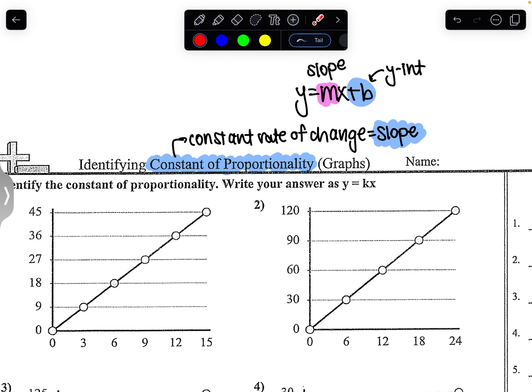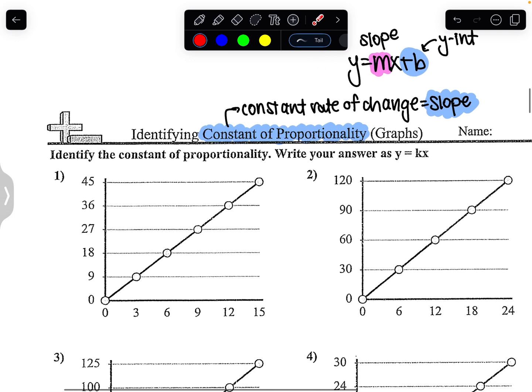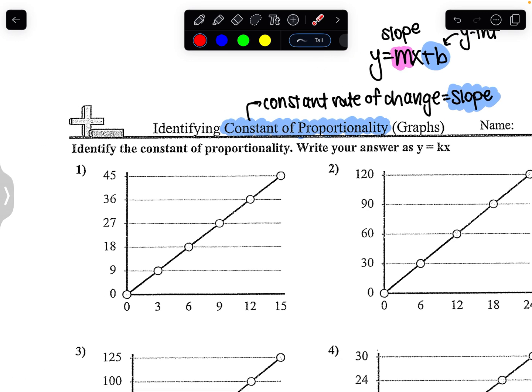And then when I'm finding the equation of a proportional relationship, remember our second characteristic is that it's always going to pass through 0, 0. So if I were to make an equation, let's say for the first one, I would first want to find the slope of that line, which I can just go between 2 points. I would just recommend going between your 0, 0 and the first point.